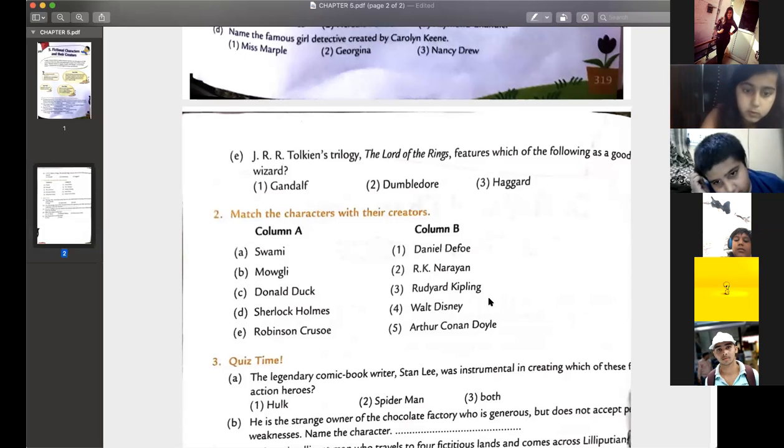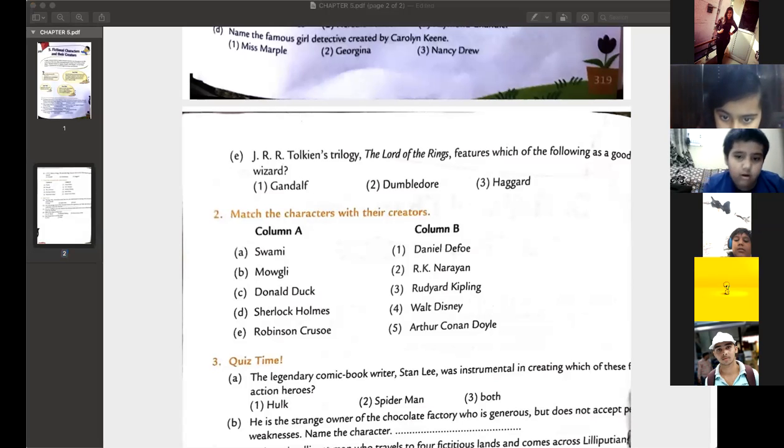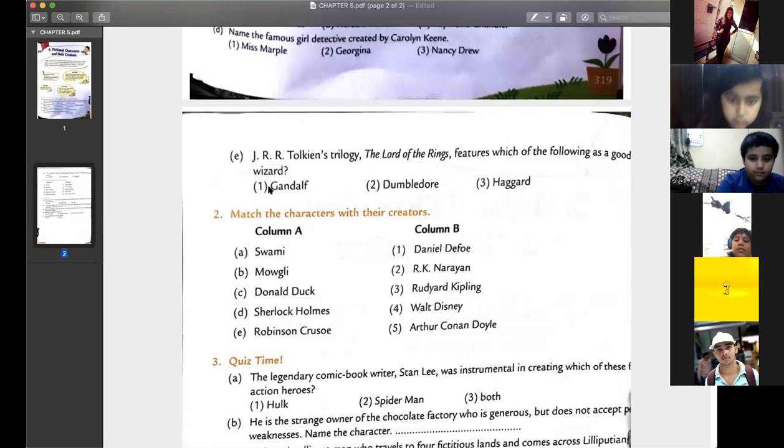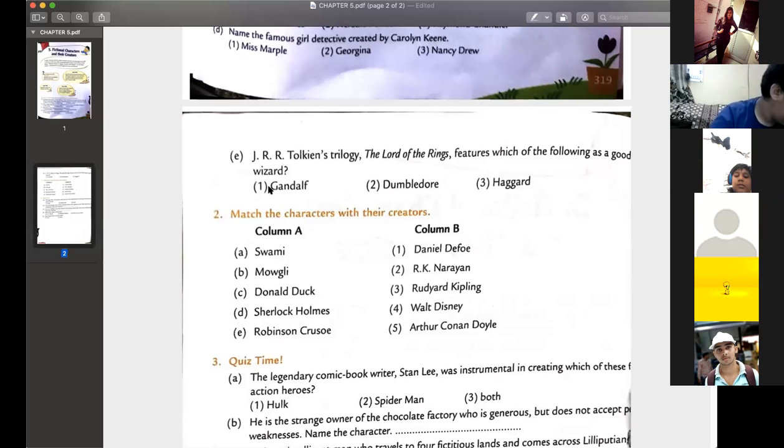Rudyard Kipling. Donald Duck. Aditya Kerola. Walt Disney. Walt Disney.